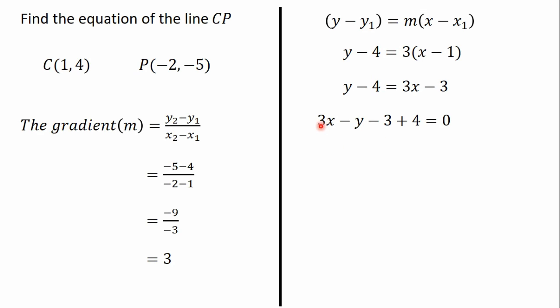So we will have 3x minus y minus 3 plus 4 is equal to 0, and this will give us 3x minus y plus 1 is equal to 0. So the equation of the line joining point C to point P is 3x minus y plus 1 is equal to 0.